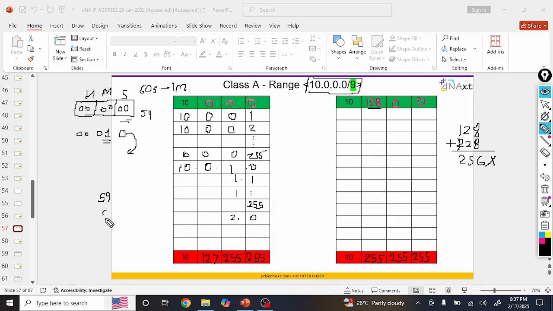This will go up to 59 minutes 59 seconds. At that time, here it won't become 60 60. Instead of it, it will become 1 0 0.